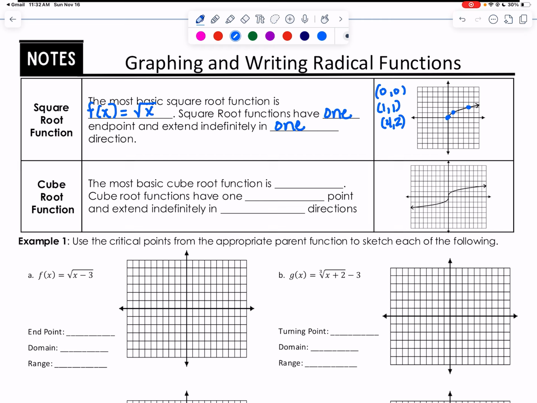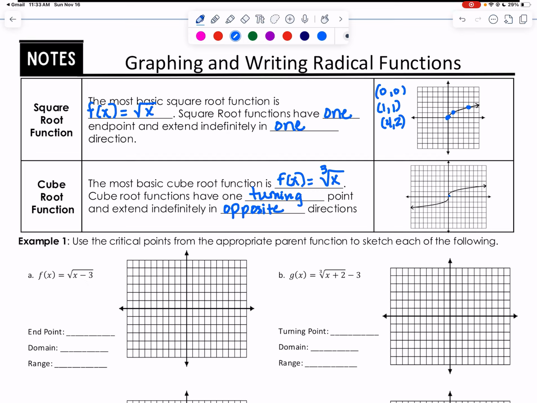Now, the most basic cube root function is f of x equals the cube root of x. Cube root functions have one turning point and extend indefinitely in opposite directions.